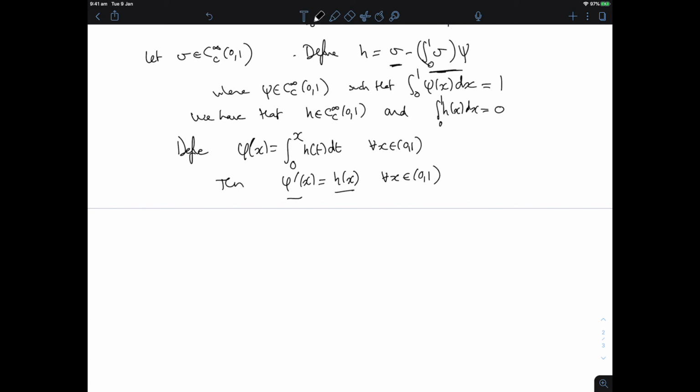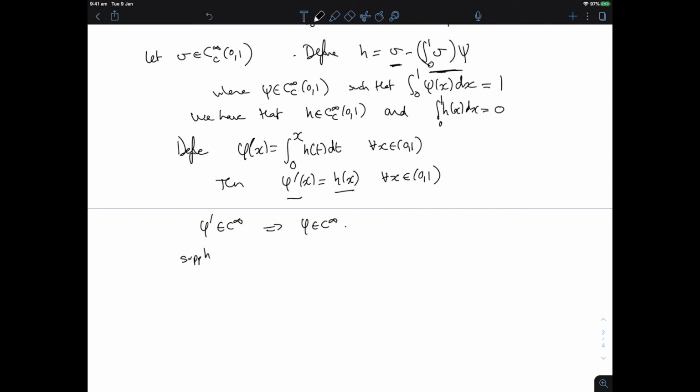Now I know that phi is in C infinity, because its derivative is h, and h is in C infinity. It's not immediately obvious that because h is compactly supported, so is phi, but it is correct. So here's why that is.